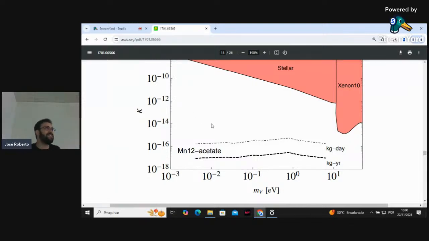We want more sensitivity. So the most important thing in this whole paper is this graph here, which states that if you have enough exposure, we have one event per kilogram day here, and one event per kilogram year, and you get this, which is much more sensitive than the other.